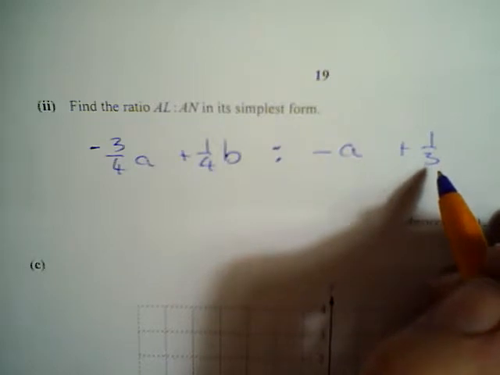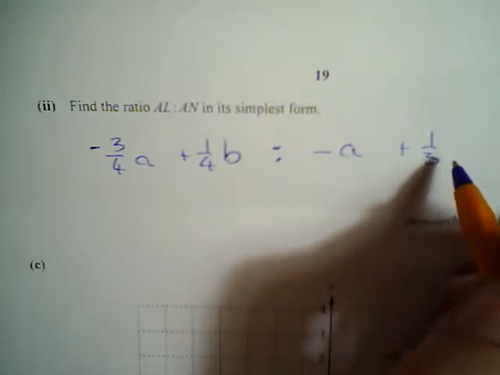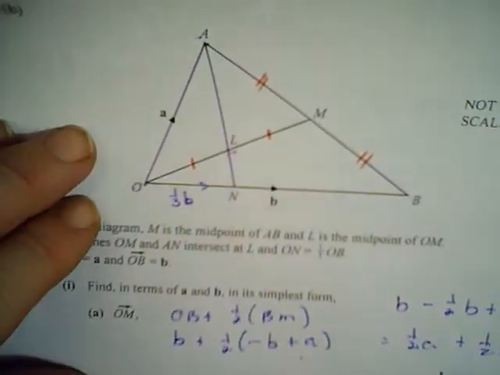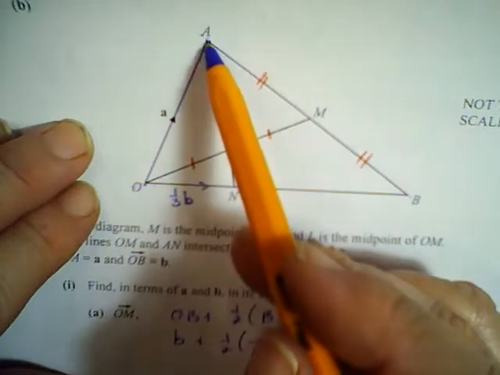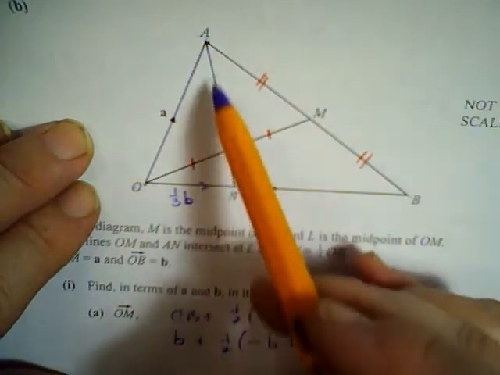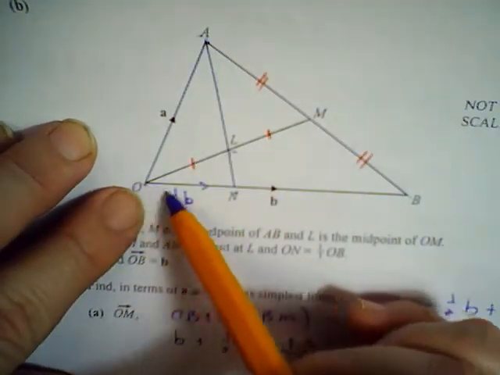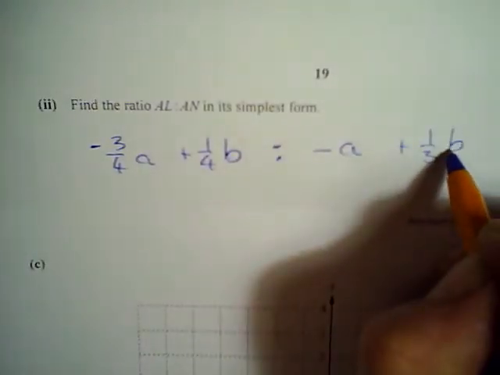AN, we need to find what is AN. Let me just quickly write a C. So AN is this one. It's negative A plus a third B.